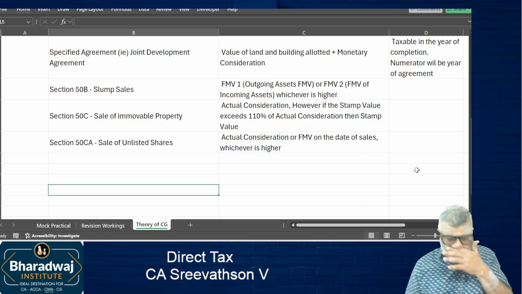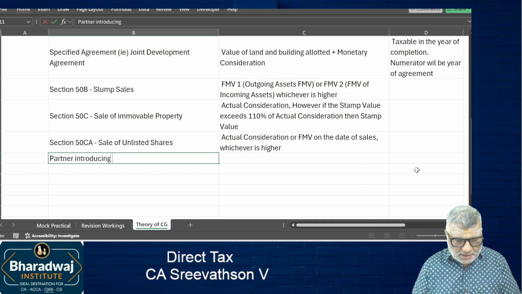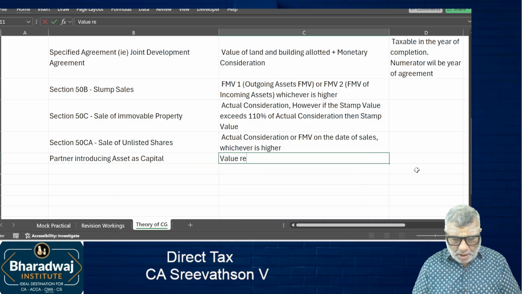Okay. Partner introducing capital, asset as capital: value recorded in the books of the firm.